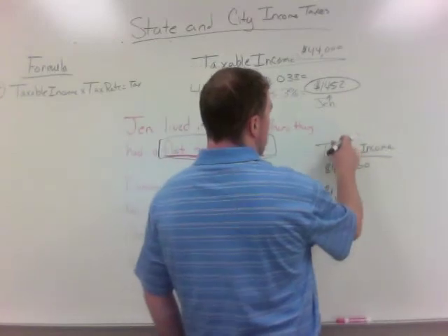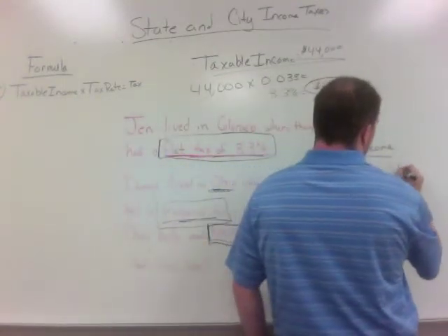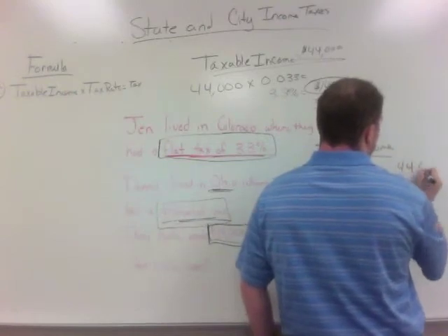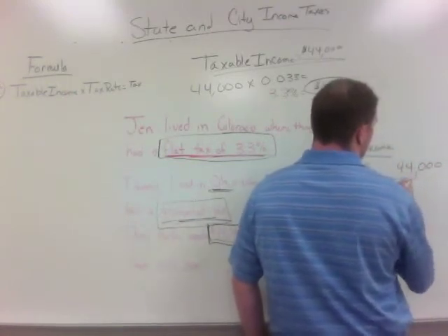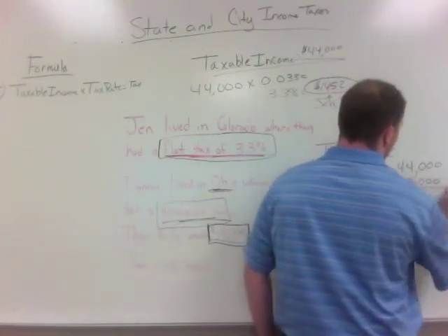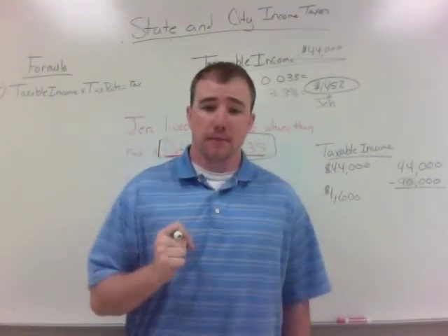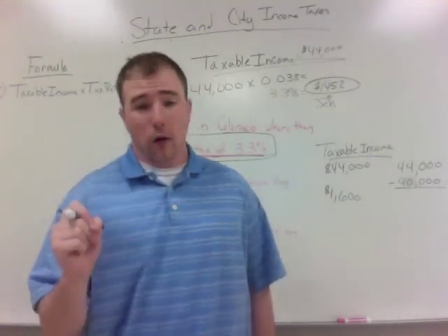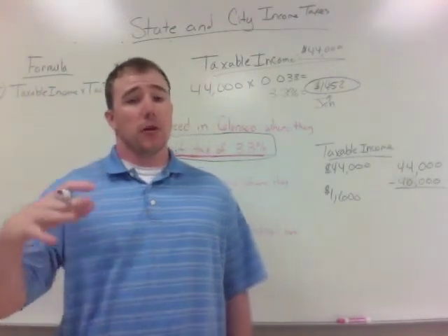Since his taxable income is $44,000, and they're going to take 7% of anything over $40,000, we subtract $44,000 minus $40,000. Anything over the minimum amount for the tax bracket, which is $40,000, is taxed at 7%.